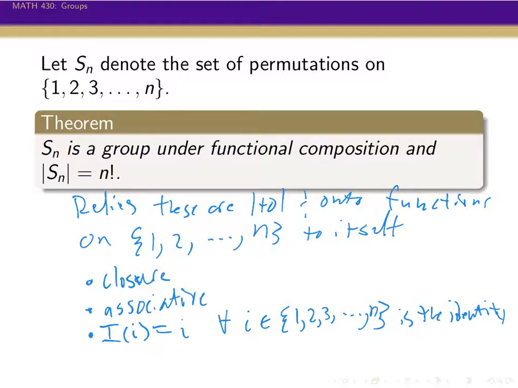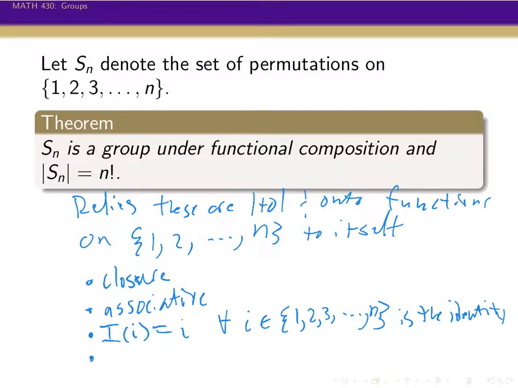And then last but not least, once we have an identity, now that we know that these are 1 to 1 and onto functions, what's something that we know about 1 to 1 and onto functions? They have inverses. So in particular, once we have 1 to 1, we have an inverse. The fact that it was onto makes the inverse onto the other way.